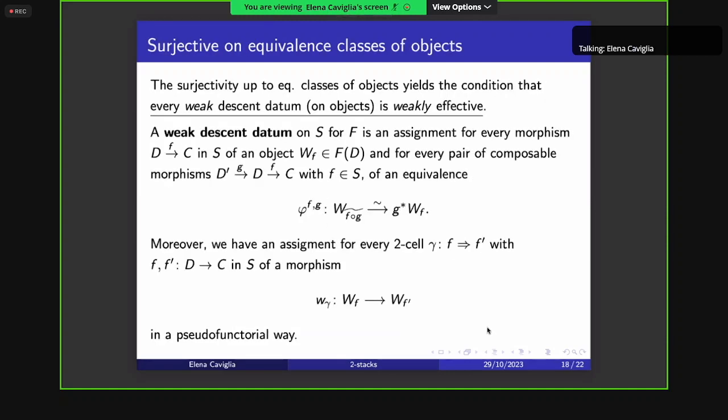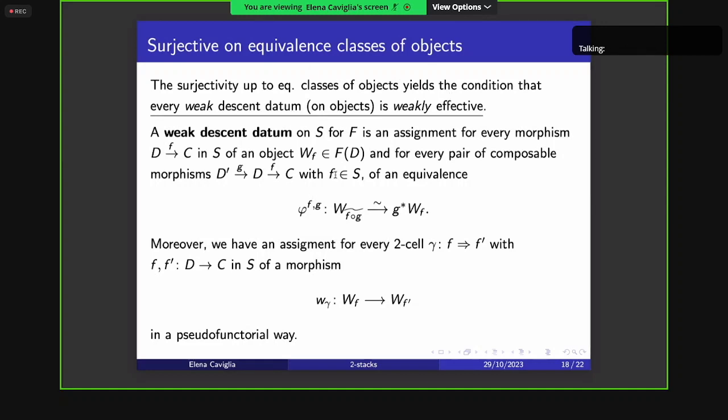And now we want to see what happens for objects. And for objects, we have a surjectivity up to equivalence classes. And this gives a condition that I have called every weak descent datum is weakly effective. So to see what a weak descent datum is, we need to consider a tri-transformation.